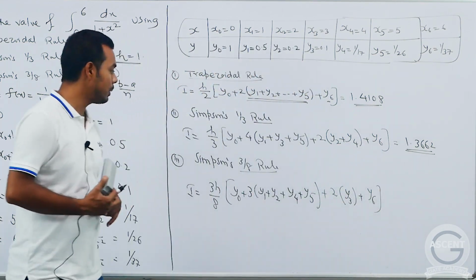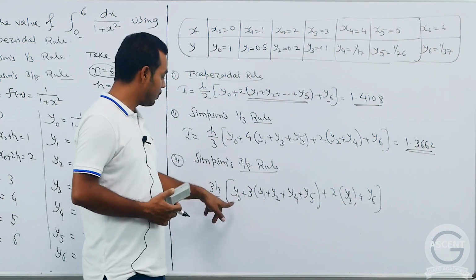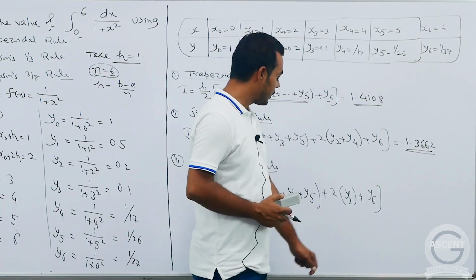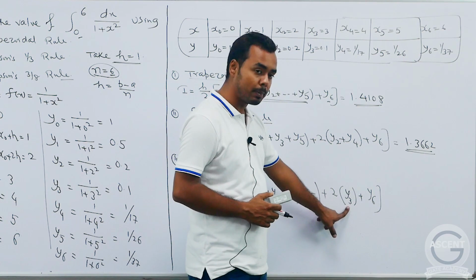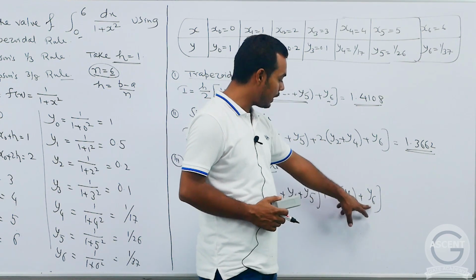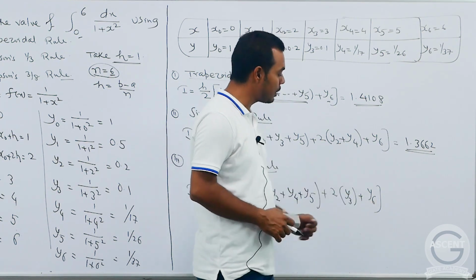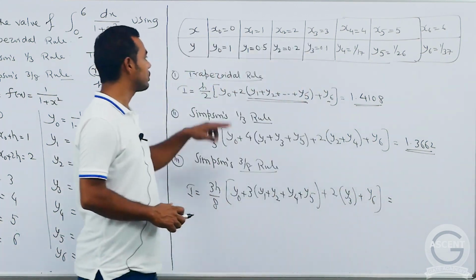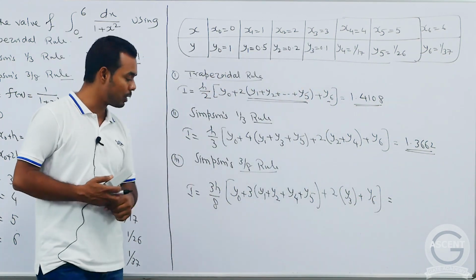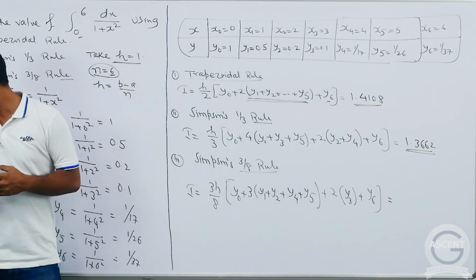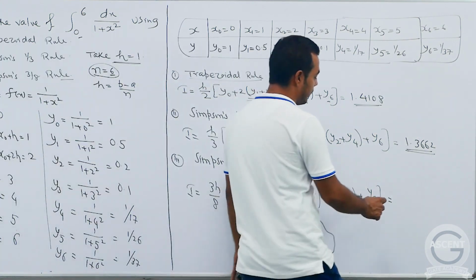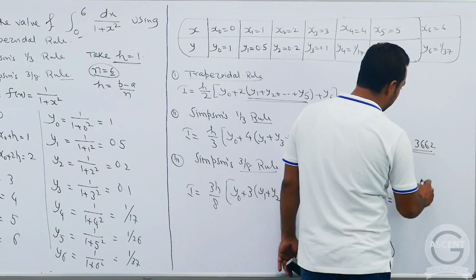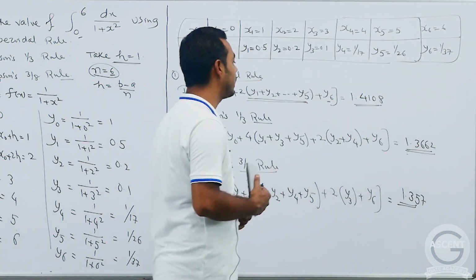So this will be the formula in Simpson's 3/8 rule. y0, 3 times y1, y2, then y4, y5, okay, then 2 times terms which are multiples of 3, so y3, and yn is y6, so the coefficient of y6 will be 1. Now again if you substitute these numbers in place of y0, y1 and so on, then the value of integral that you are going to get is 1.357. So as you can see, these are the values that you will get using numerical methods.